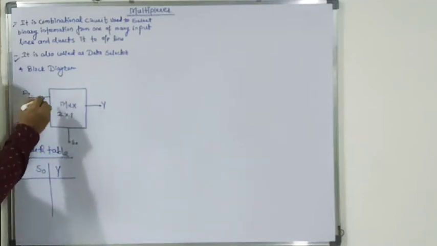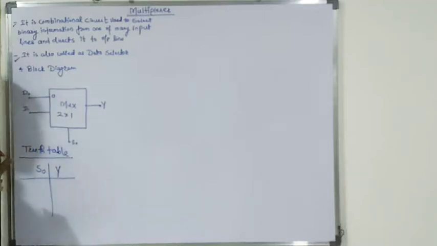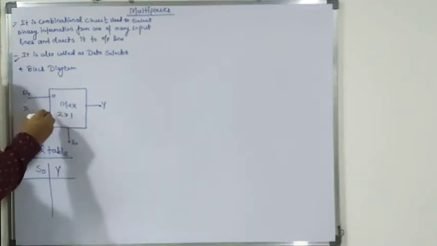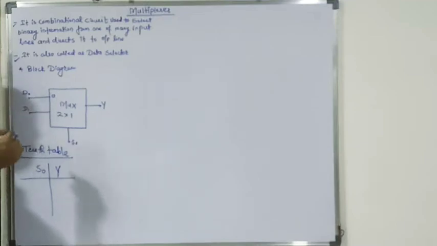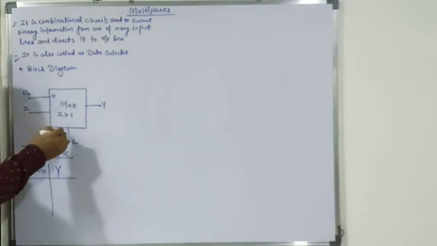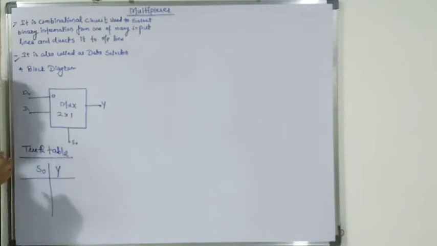If we select 0, then the data line that gets activated is D0.